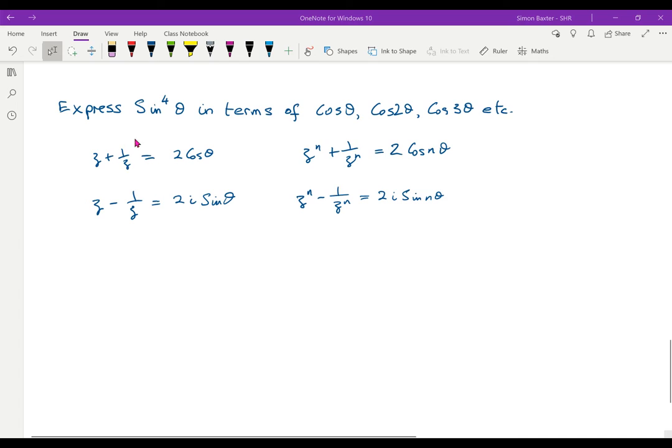I've written down the equations for you. We want sine to the 4. That's no use. This one works. So we write down this equation, 2i sine theta equals z minus 1 over z, and we raise everything to the power 4.